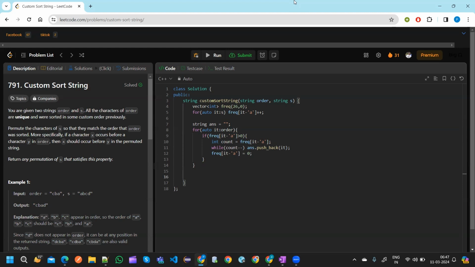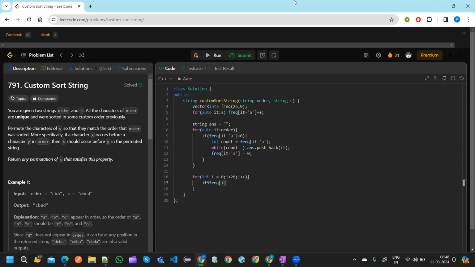Now we will see whether there were any characters which are not present in order. We have to append those characters also. So now again we will iterate the frequency vector this time and see if any of the frequencies is still not 0. That means that character we haven't appended yet.